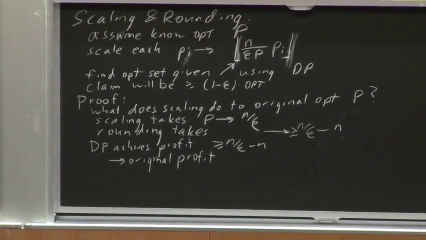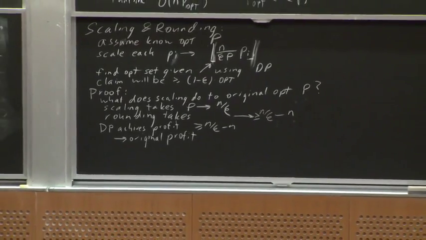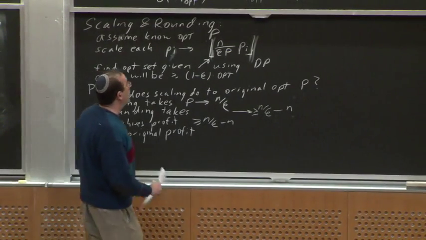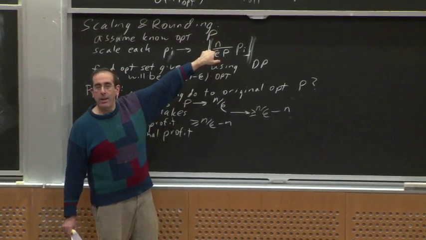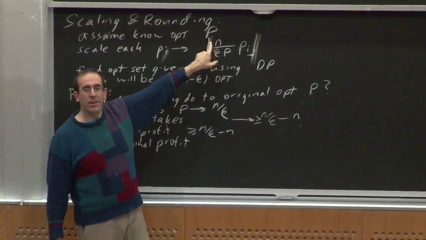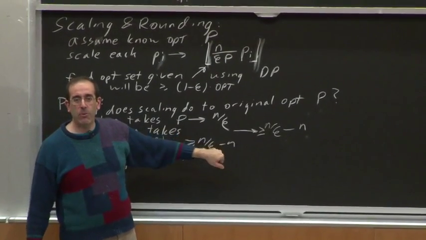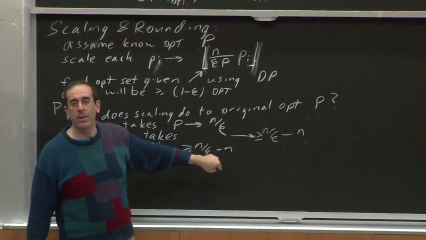Yeah? Multiply by p epsilon over n. Exactly. So I can't assume that I'll get anything at all from the unrounding, right? The particular profits that I work with may have been integers to start with after the scaling.